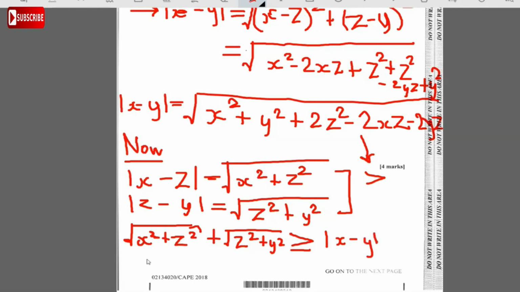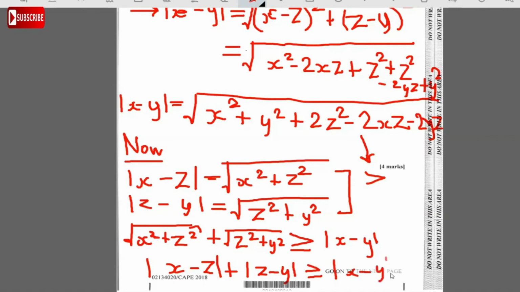And the modulus of this part was x minus z. So the modulus of x minus z plus the modulus of z minus y is definitely greater than or equal to the modulus of x minus y. So that's the proof for it.